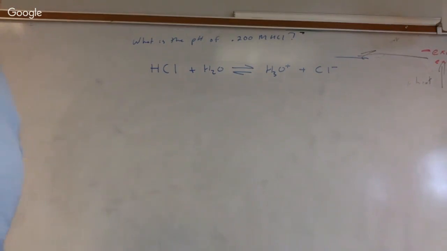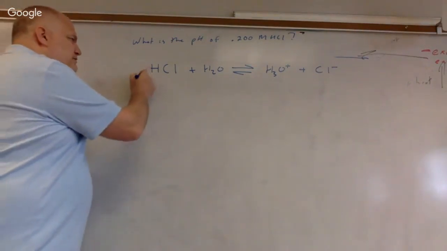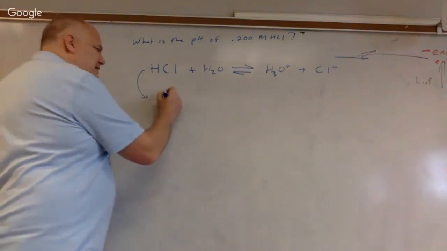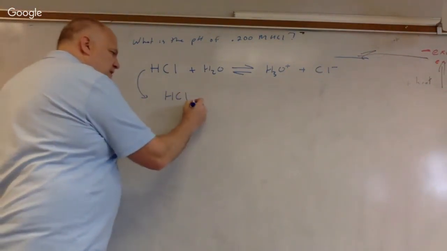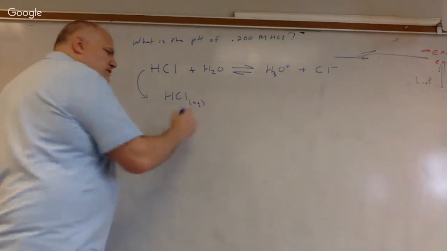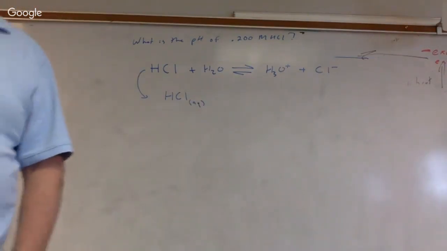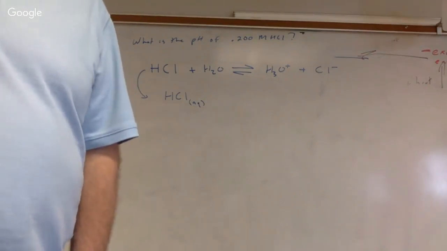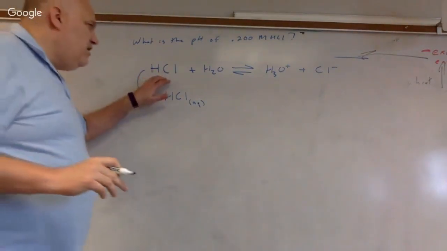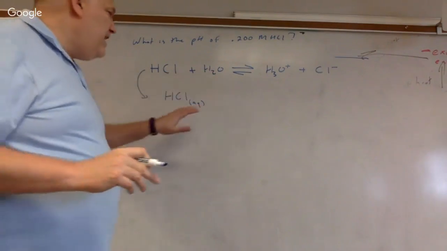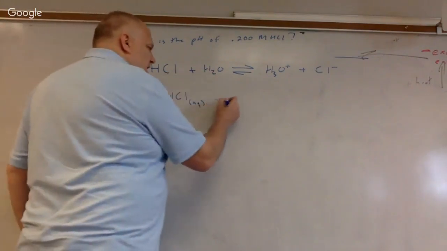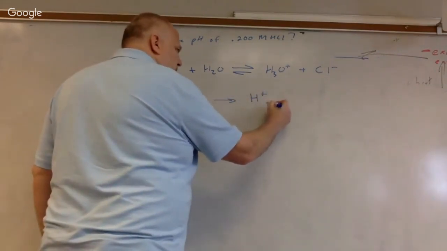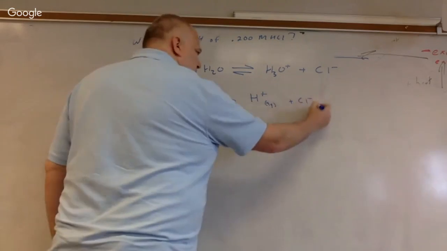Another way of doing it is this, and I want you to see how this expression and this expression are exactly the same. Ready? If I write it like this, HCl, and I put the letters AQ next to it, what does AQ mean? Aqueous, which means that something is dissolved in water, right? So instead of saying HCl being thrown into water, I could say HCl aqueous, and when HCl gets thrown into water, it becomes H plus aqueous and Cl minus aqueous.